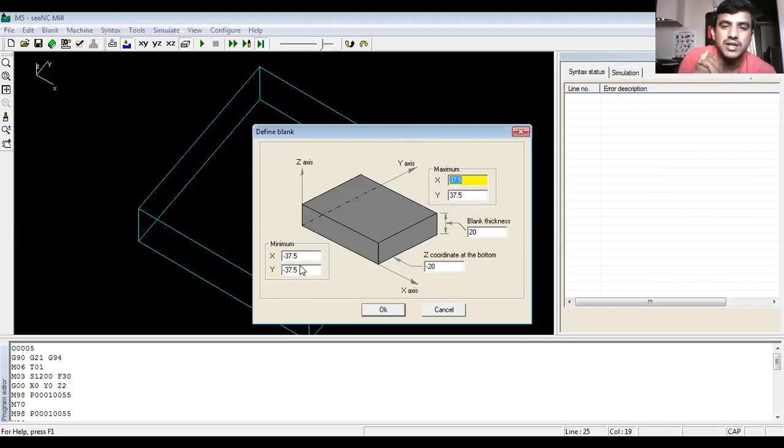That's why you can see that maximum X is 37.5, which means 75 divided by 2. Maximum Y is 37.5. Minimum X is minus 37.5. Minimum Y is minus 37.5. What is the blank thickness given? 20. Z coordinates at the bottom always take minus.